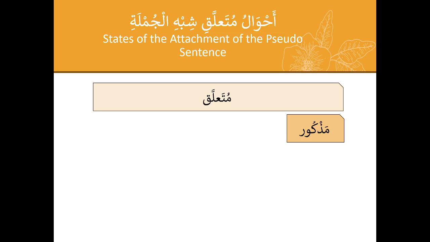Or it can be an ismul fa'il, maf'ul, and we can have a sifa mushabbaha bil fi'l. That is also an isim. An isim in the form of a mubalagha, which you call sighatul mubalagha, or the masdar itself. So all of this can be mentioned, and they are what the Shibh Jumlah is attached to.